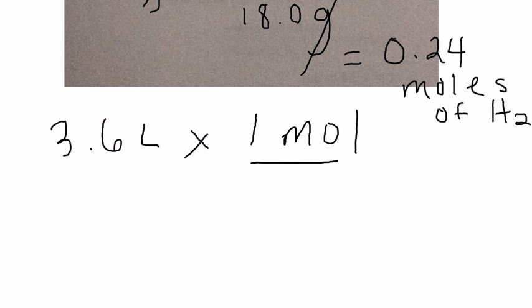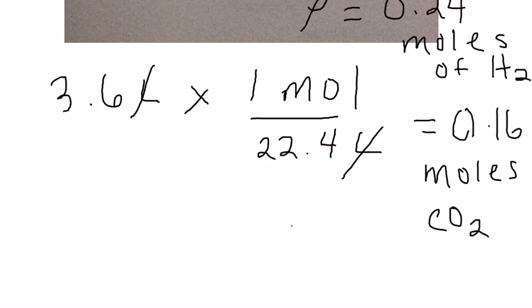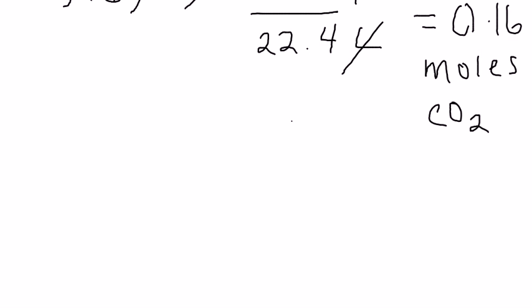So keeping that in mind, you have 3.6 liters of carbon dioxide times 1 mole per every 22.4 liters. So when you solve for that, you get 0.16 moles of carbon dioxide. Now, keeping that in mind, now you have the moles.